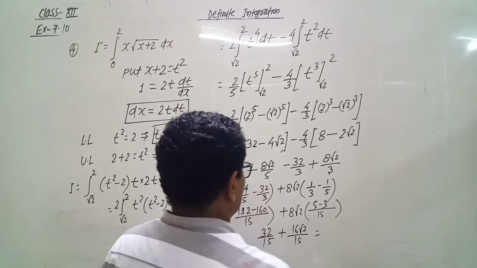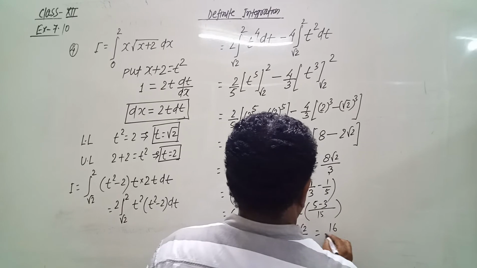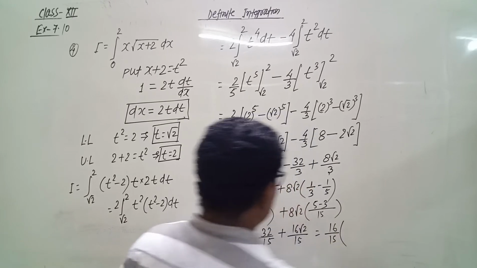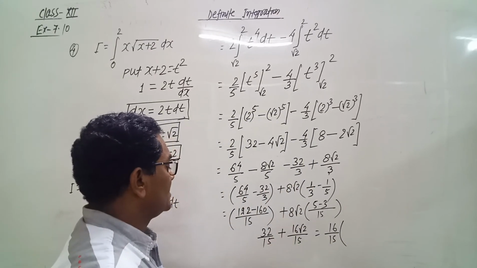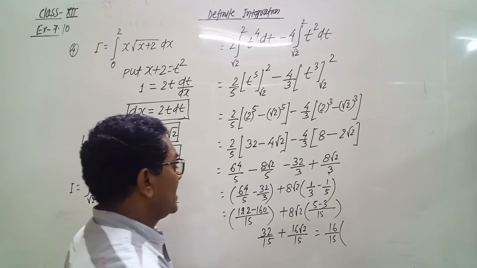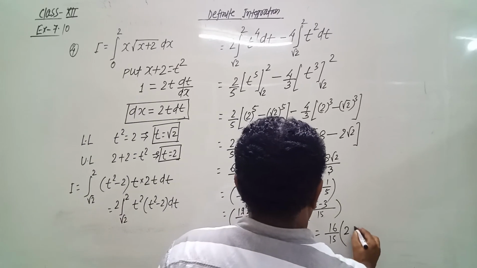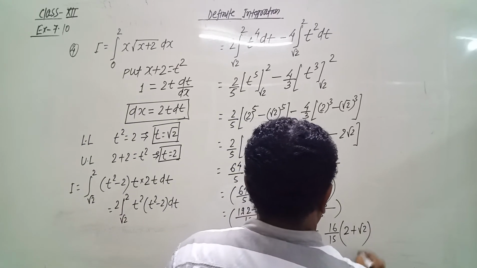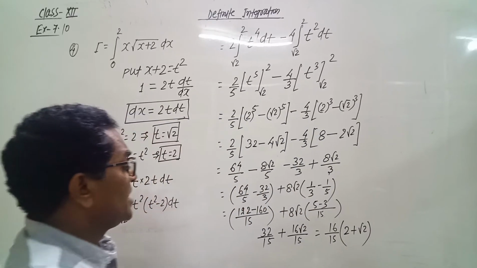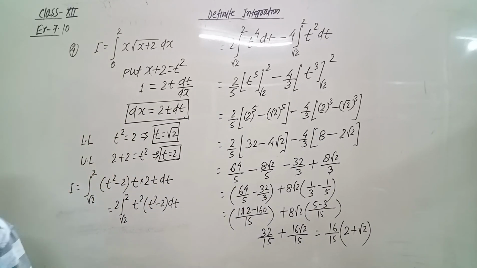From these two terms, we can take common 16 by 15. So here we get 2 plus root 2. So 16 by 15 into bracket 2 plus root 2.